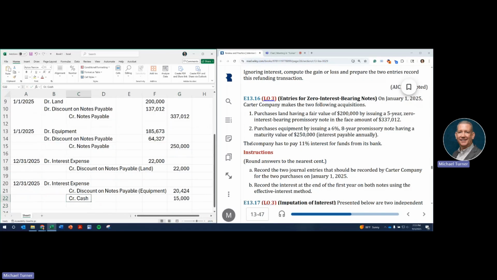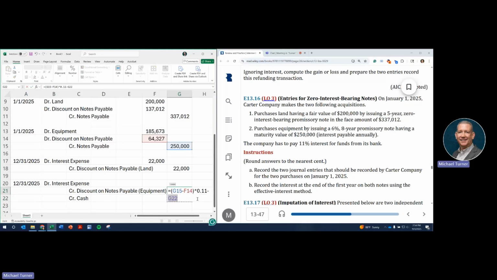So in our journal entry, the amount that we pay for cash interest is the stated face amount of the loan, which is $250,000, times the 6% stated rate. And that gave us $15,000. And then we're going to adjust that towards interest expense as we amortize the discount on notes payable.